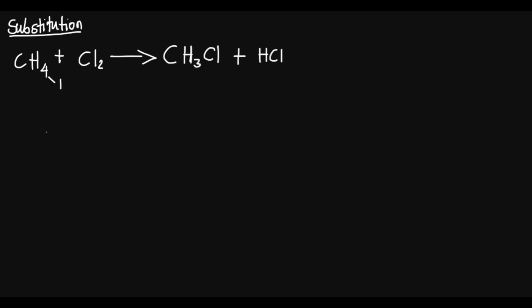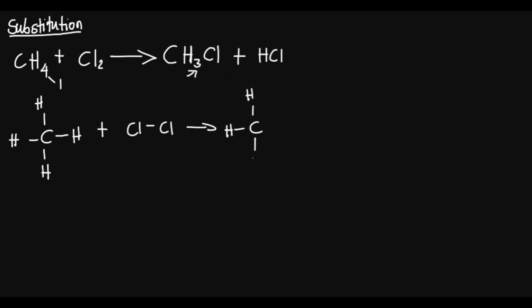Now in terms of the structure, the equation can also be given like this. Then we have Cl. Remember, Cl likes to form single bonds because it has a valence of 1. Then we have this carbon, 1, 2, 3, so these 3 hydrogens will be here.